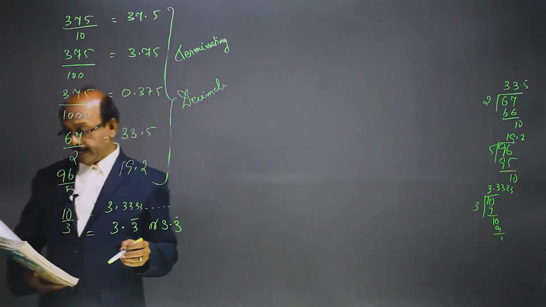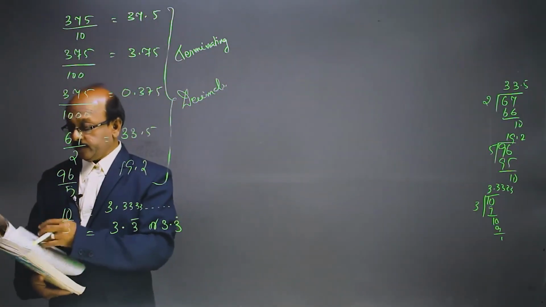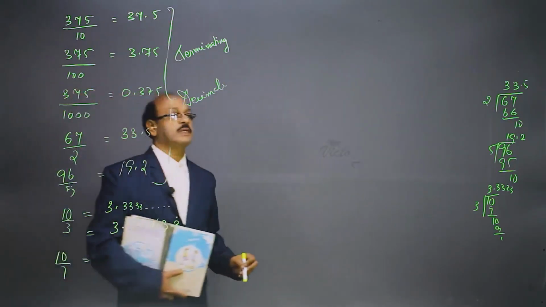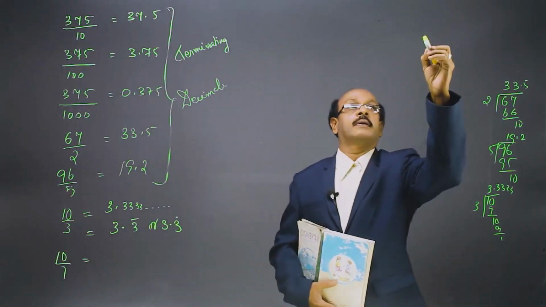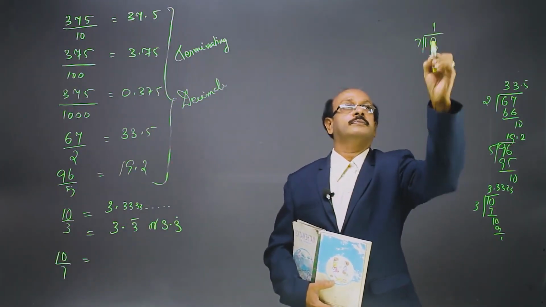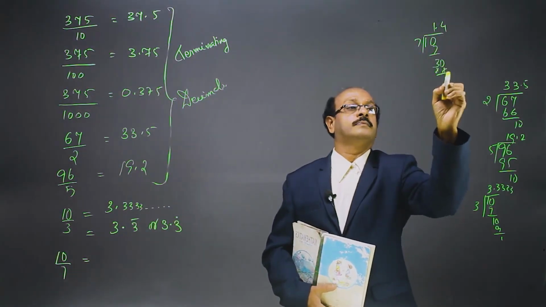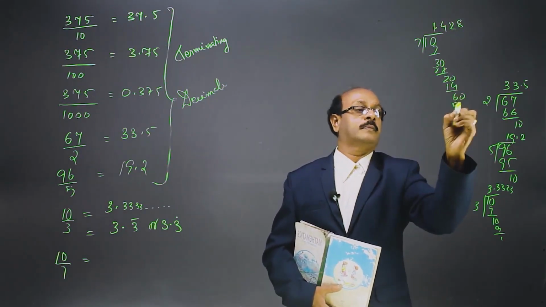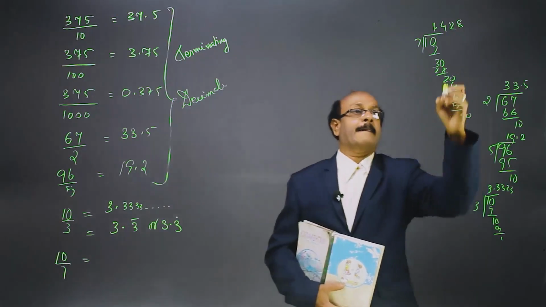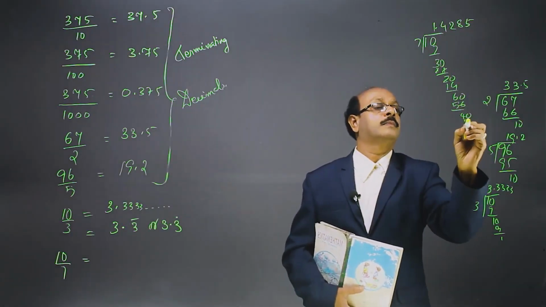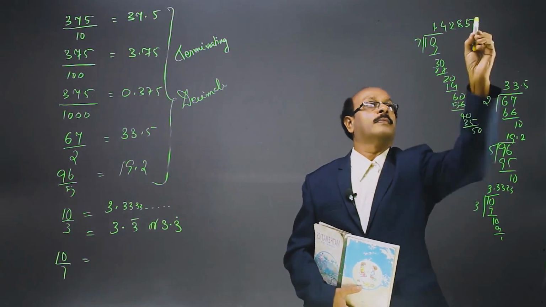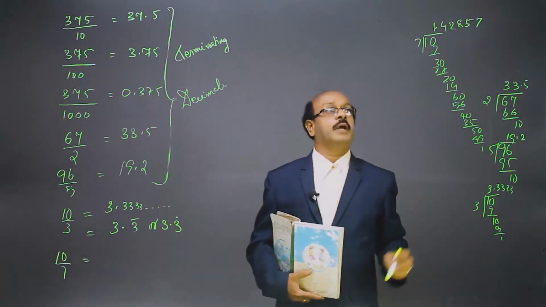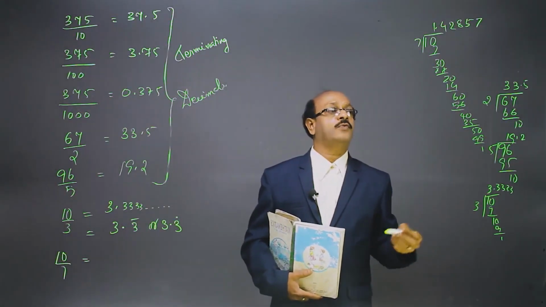Again, 10 divided by 7. You may divide 10 by 7. The result we are getting is 1.42857.